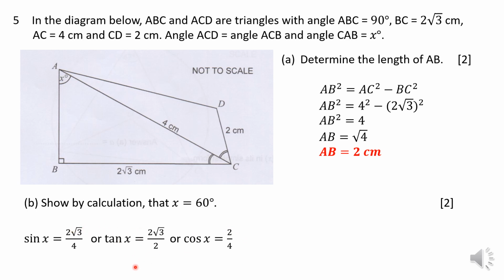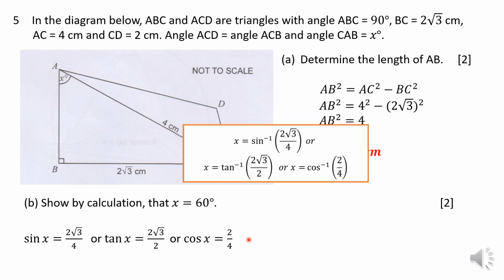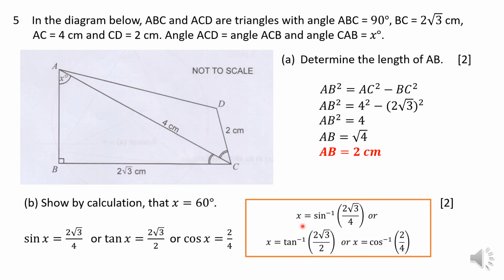The tangent, with respect to that angle, will be opposite divided by the adjacent. Adjacent to x is AB, and we know what that is, right? If you show this, this should be enough. Or you continue to say that x will be the inverse of the tangent, or the inverse of cosine.